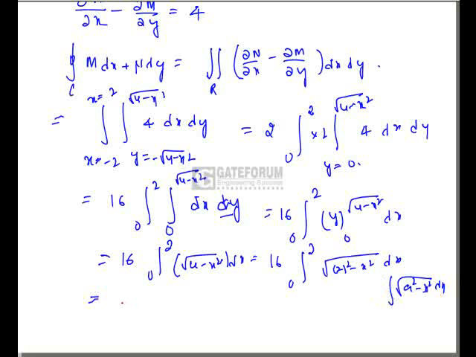Let us substitute the values in the formula. The formula for the integral of root over a square minus x square is x by 2 into root over a square minus x square, that is 4 minus x square, plus a square by 2 sine inverse x by a.